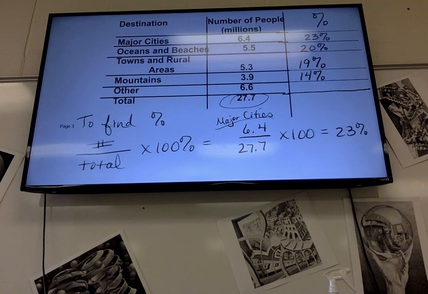What is it, 25? Yep, 24. Now, if I added all those up, do I get 100? Yes. Oh, it's convenient. A lot of times with all that rounding, you really might end up with 101 or 102 or 98 or 99, and that's okay too. It's just rounding error.